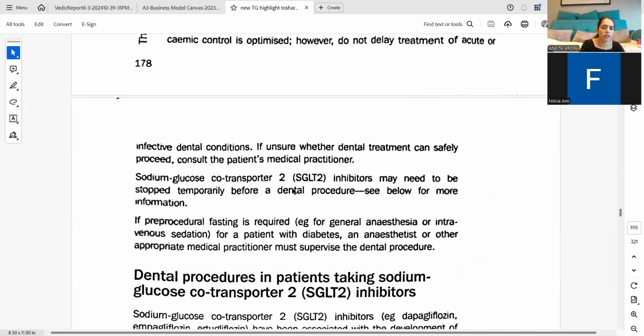So if the patient is taking SGLT2 inhibitors, they may need to stop them. If pre-procedural fasting is required, like GA or intravenous sedation for a patient with diabetes, an anesthetist or other appropriate medical practitioner must supervise the dental procedure. So this becomes a kind of hospital procedure.